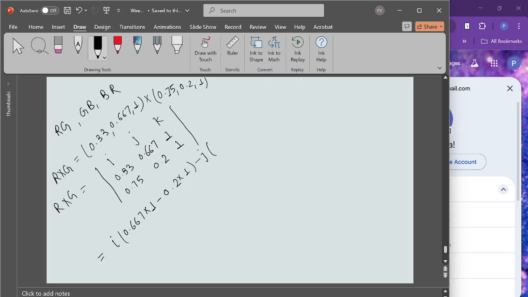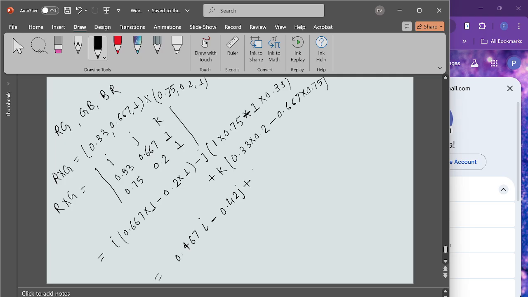Minus J, 1 into 0.75 minus 1 into 0.33, plus K, 0.33 into 0.2 minus 0.667 into 0.75. Overall, if you divide and subtract, you will get 0.467 I minus 0.42 J plus 0.433 K.